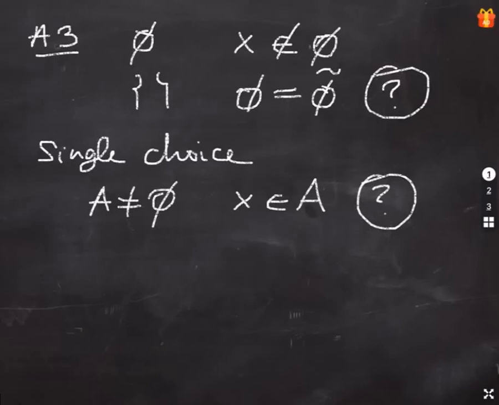Now, note that the empty set is not necessarily the same thing as 0. One thing is a set, the other thing is a number. But in any case, later in these lectures, we'll talk about the cardinality of the empty set, and we will see that that cardinality is 0.